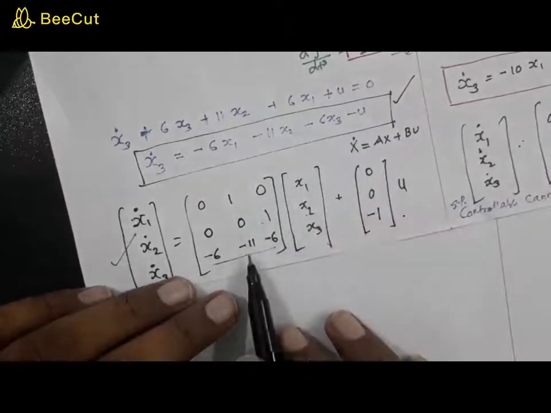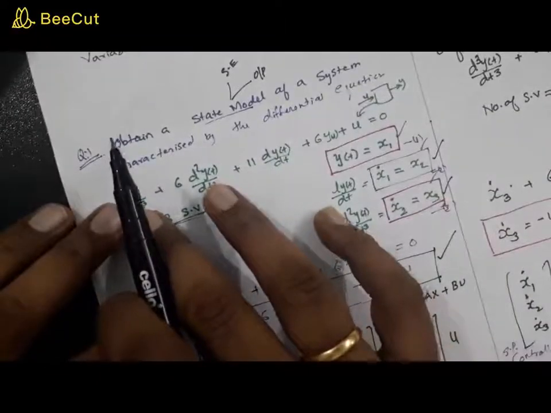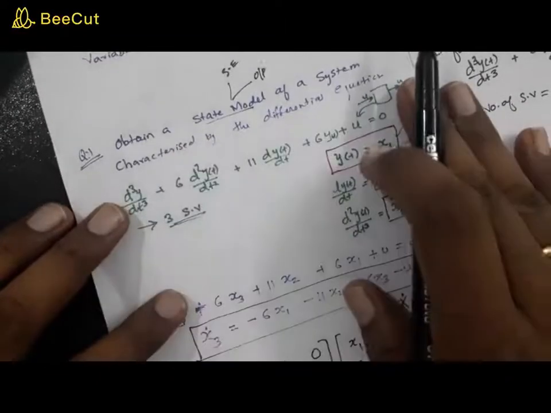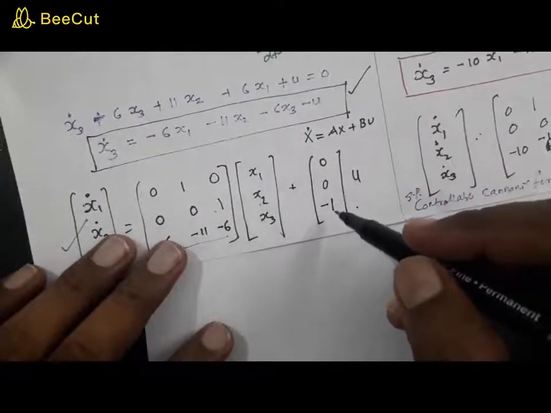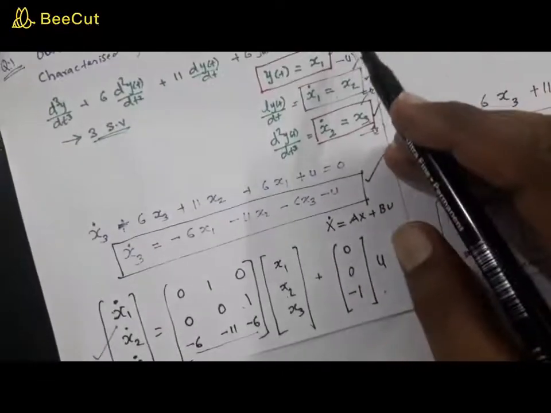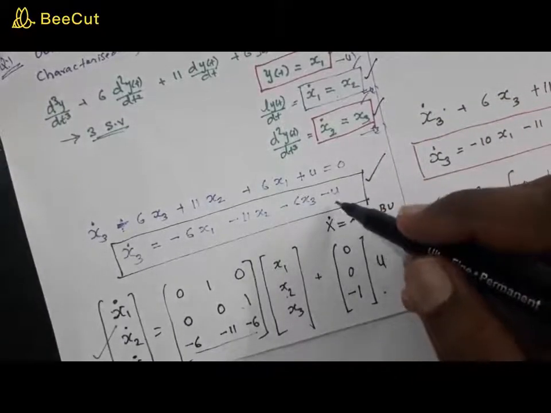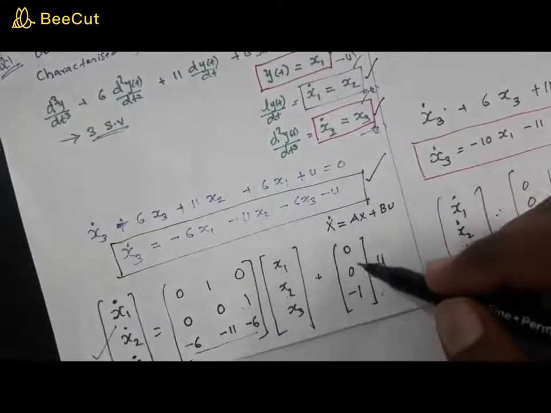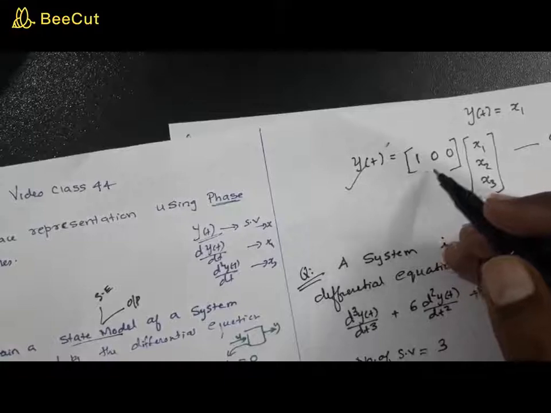These are the coefficients. If you write d cube y by dt cube and bring all these to one side, this will be the coefficient of that. Okay, plus 0, 0 and minus 1 into u. That is because x3 dot is having a minus u, so we will be having this pattern. And look at the output, it is assigned to be x1 here, so this will be the pattern.